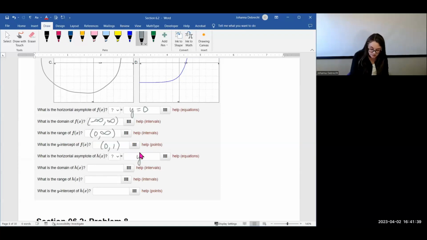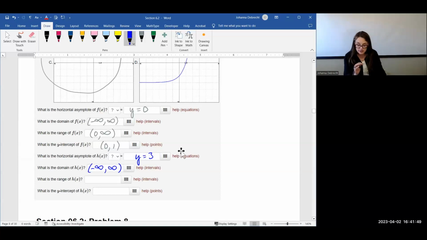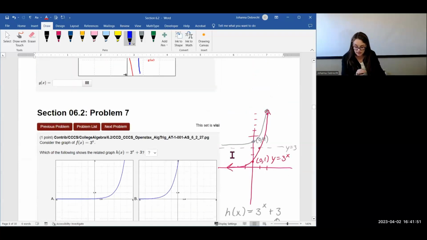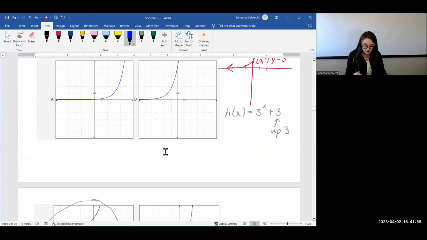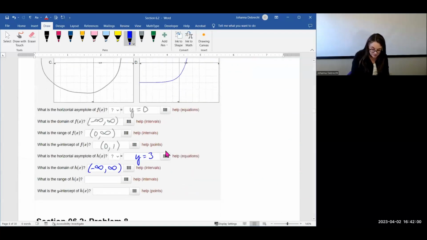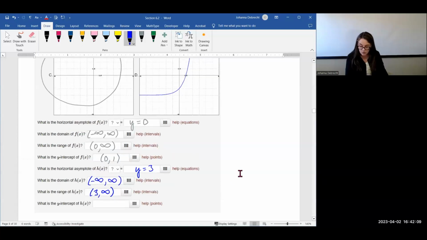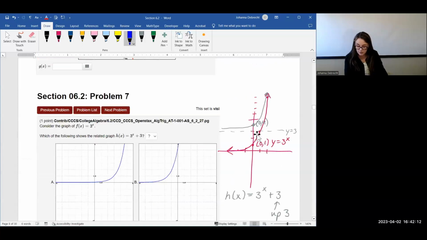So y equals 3. The domain is still negative infinity to infinity. Look at this translated gray graph up here. It starts near 3 and goes up forever, so it doesn't touch that asymptote. And then the y-intercept, of course, we said would be (0, 4).